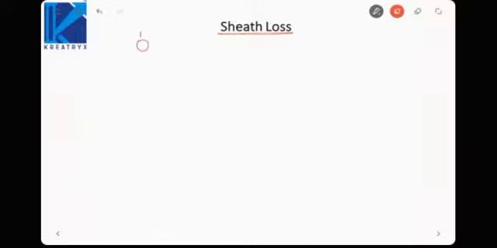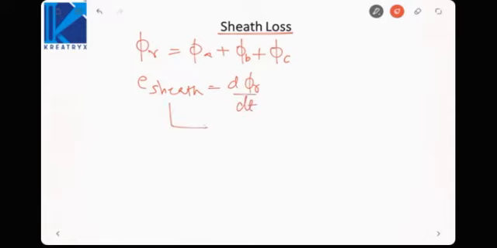So first of all, there will be a resultant flux, which is equal to phi A plus phi B plus phi C. Due to this resultant flux, there is a sheath EMF, which will be d phi R by dt.